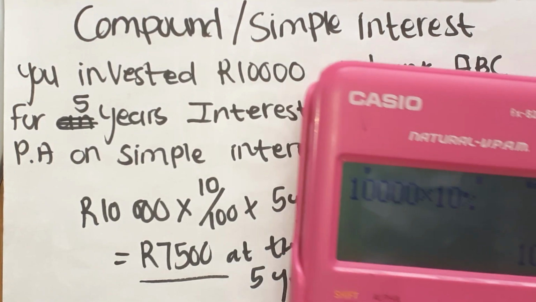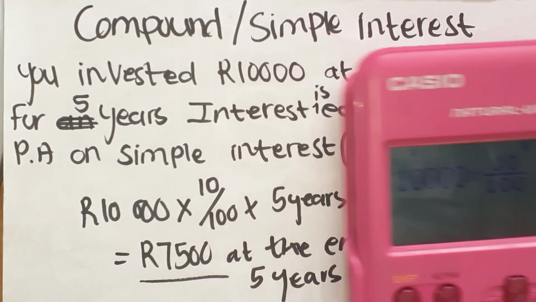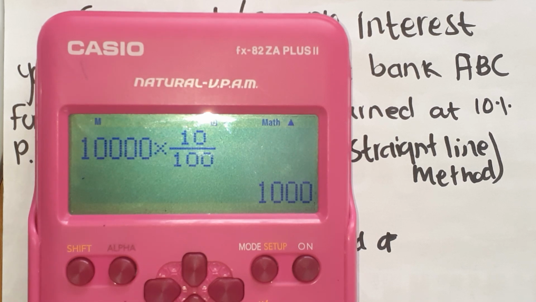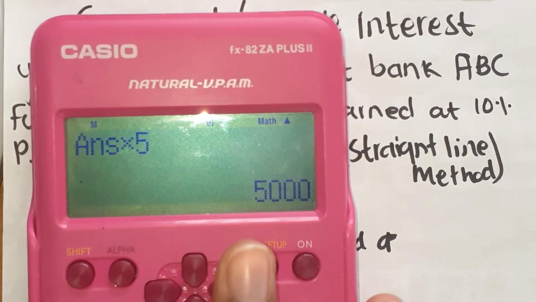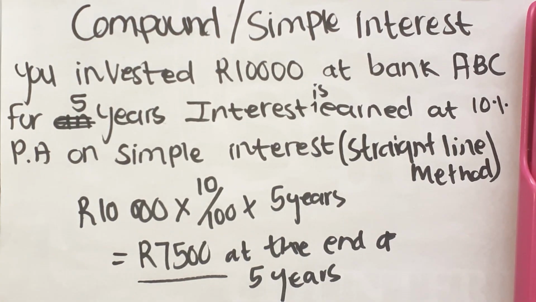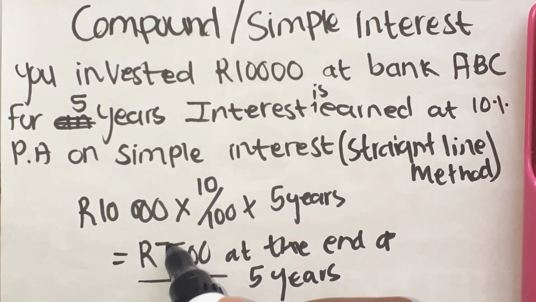It's still 10%, right? Why is it not giving the right answer? Let's see. 10,000 times 10 over 100. Oh, it's 1,000 rand. 1,000 rand times 5. I think I didn't use the right percentage at first. I think I maybe did 15 here.